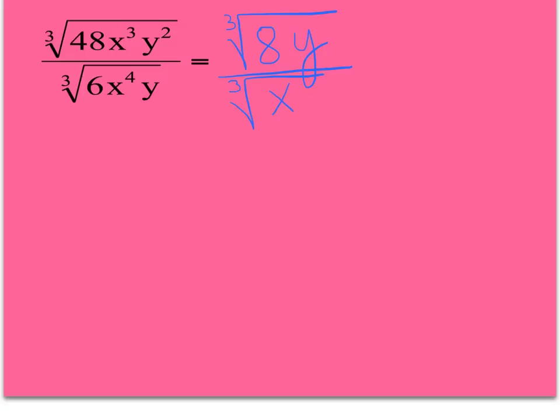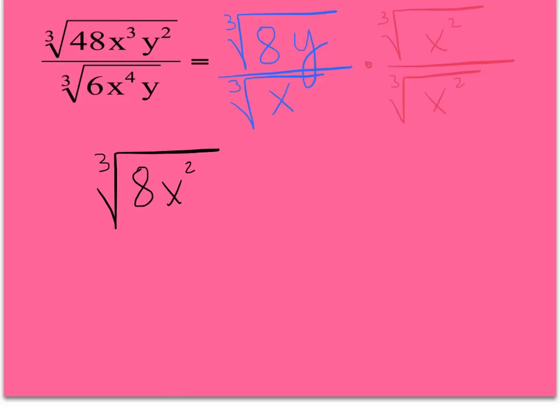So now I need to rationalize that denominator. So I'm going to multiply by the square, sorry, not the square root, that won't work. The cube root of something. Okay, I need something that will create for myself a perfect cube. So I already have 1 x. I need to multiply by 2 more x's. And so that creates for me the cube root of 8x squared y over, and in the bottom, the cube root of x cubed.